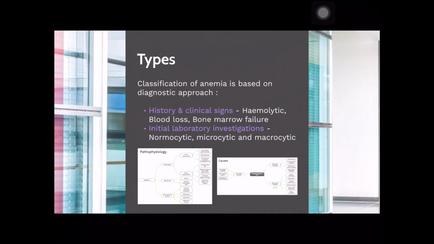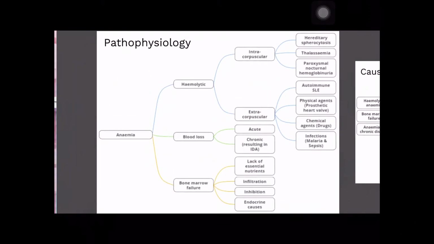Move on to the types of anemia. The classification of anemia is based on diagnostic approach like history taking, physical examination, and initial laboratory investigation. Through history taking and physical examination, there are causes like hemolytic anemia, which is further divided into intracorpuscular and extracorpuscular hemolytic anemia.